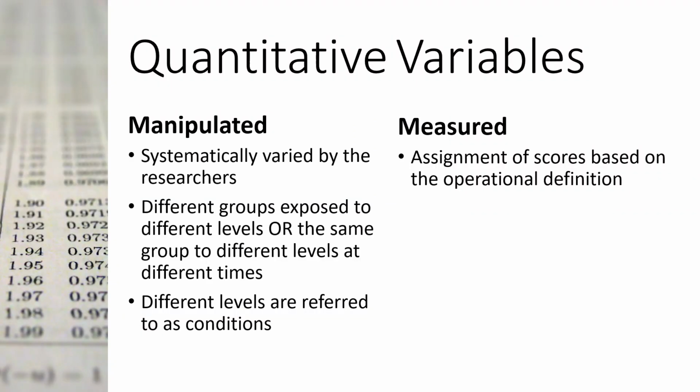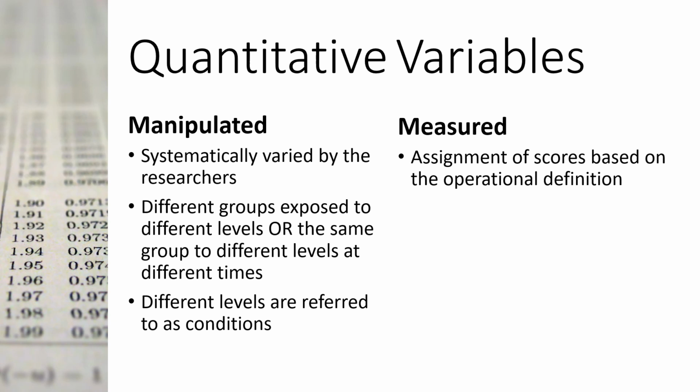In quantitative research, we also differentiate between manipulated variables and measured variables. As you'll learn later in this module, manipulated variables are only used in experimental studies. By definition, a manipulated variable is one where the researcher systematically and intentionally varies the level of the variable participants are exposed to. Typically, they start by putting participants into groups.